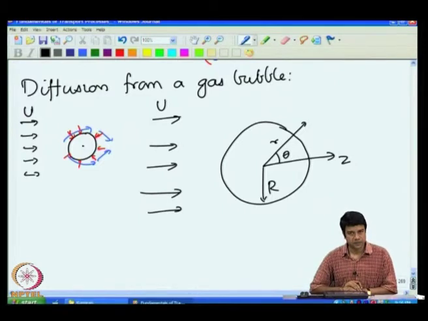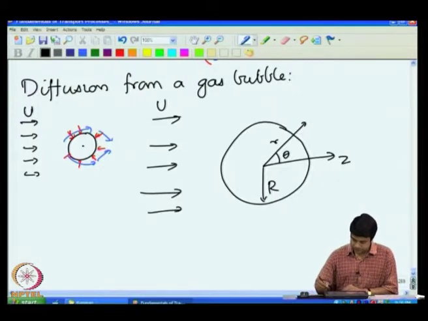Now, the velocity components u r and u theta for this case, this once again is an axisymmetric configuration. There is no dependence on the angle phi around the axis, and the velocity in the phi direction is identically equal to 0. So, there is no dependence on the phi coordinate in this problem.